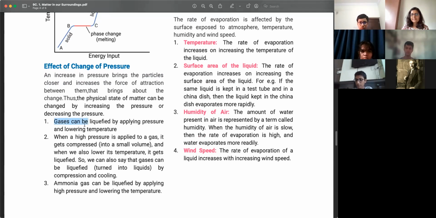So this is how gases are liquefied. You lower the temperature to a certain extent, but you want to make it completely liquid. Like if you want to produce tanks of liquid oxygen. In hospitals you need oxygen cylinders for survival. And even for rocket fuel you use a mixture of hydrogen and oxygen.